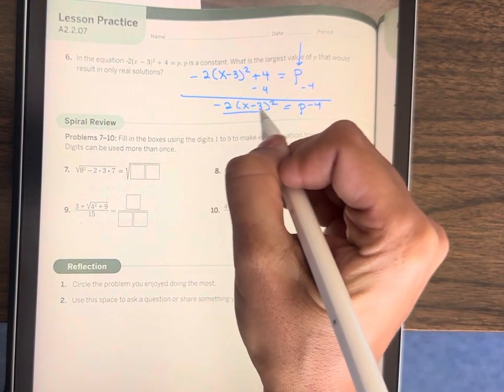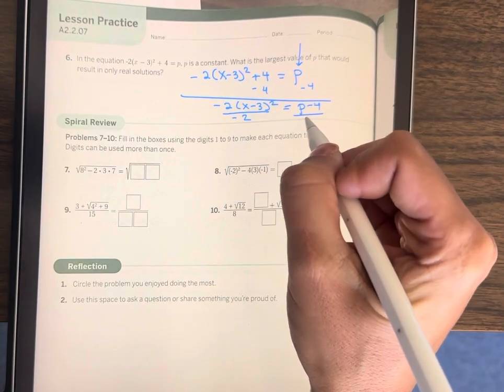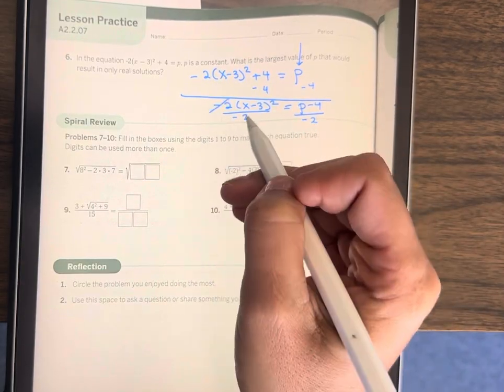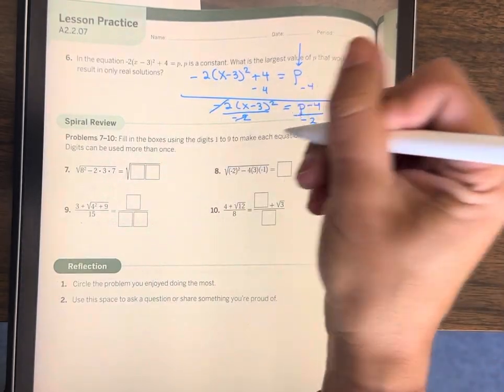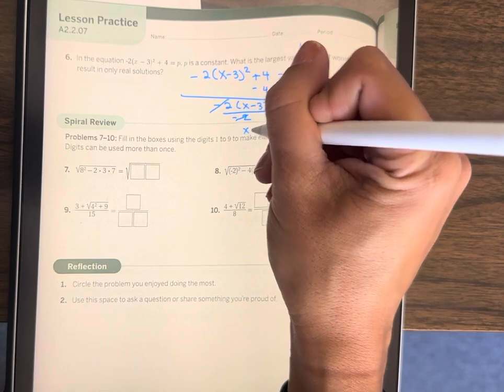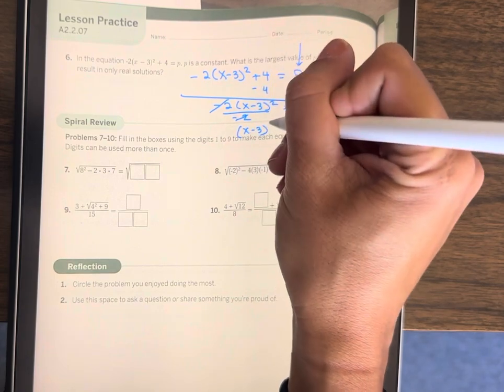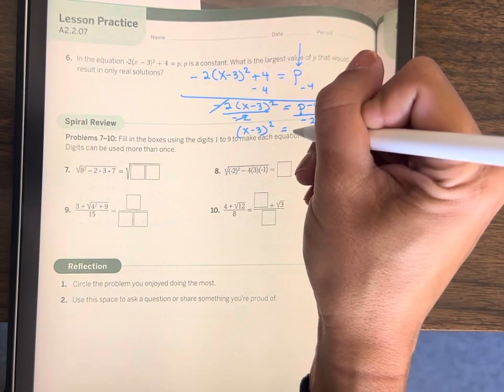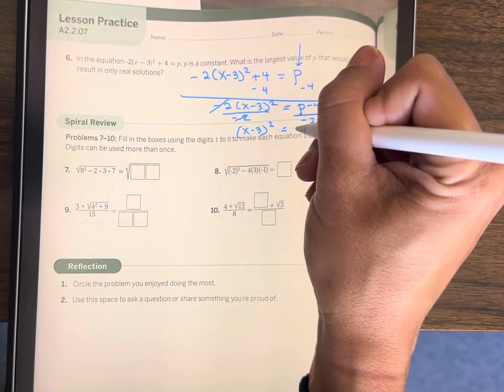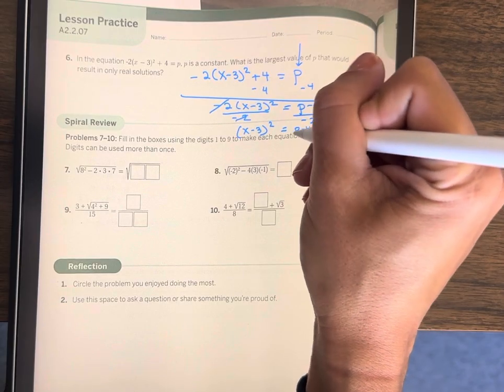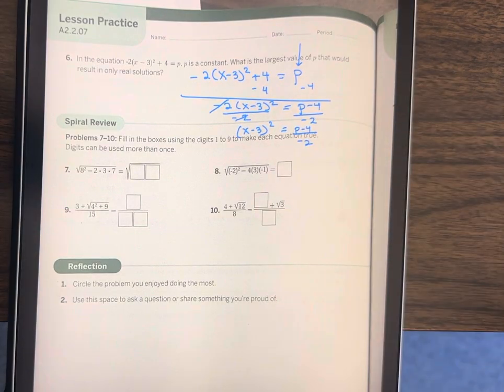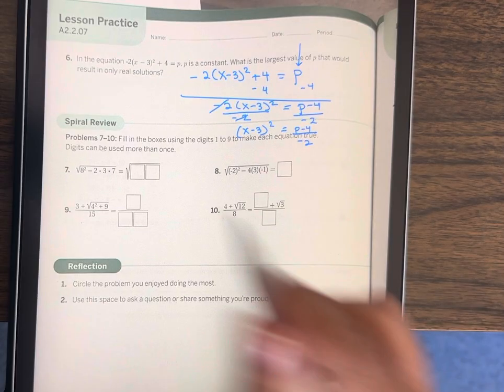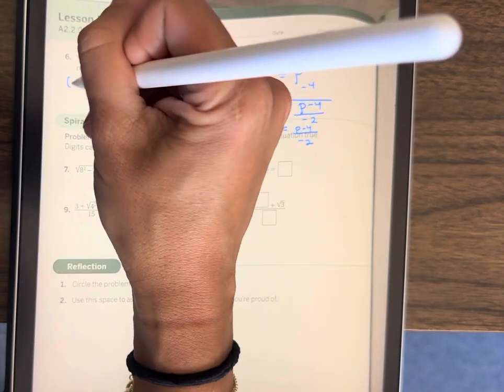And then I would divide both sides by negative 2, to get (x minus 3) squared equals (p minus 4) divided by negative 2. Oof, I ran out of space. There's so much space here. I should have done it here.